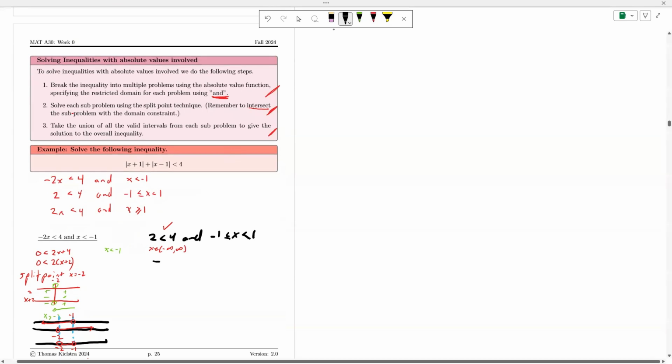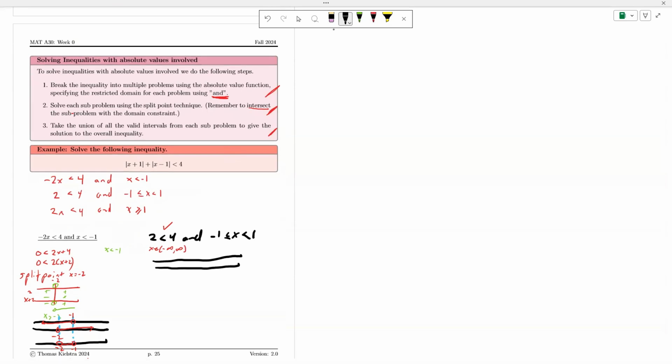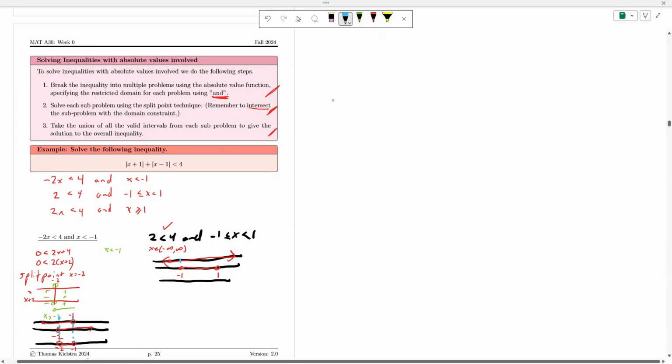So if I take the intersection of these two lines, going from -infinity to infinity and -1 including, not including 1, and I intersect them, I'm going to get the interval -1 inclusive and not 1. So x is in [-1, 1).